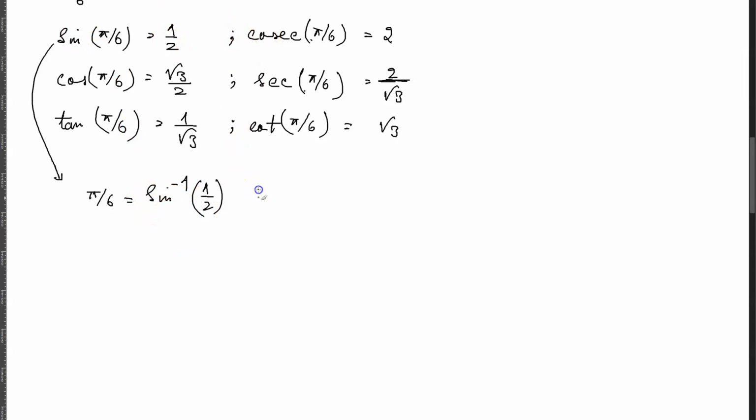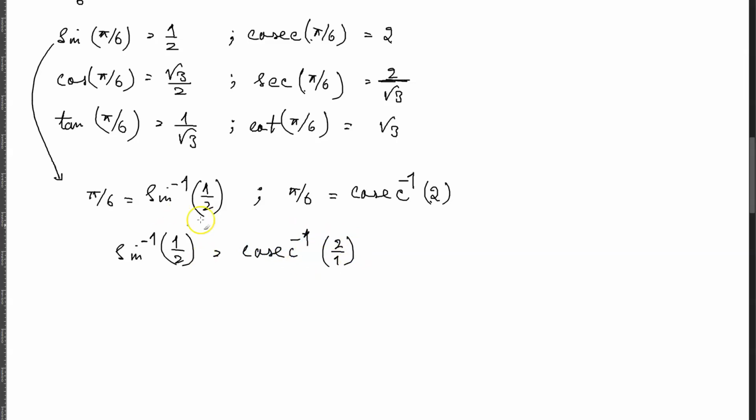And I can also say that the same angle pi by 6 is also the cosecant inverse of 2, right? So you can see that the sine inverse of 1/2 is equal to the cosecant inverse of 2 by 1. The sine inverse of 1/2 is the same thing as the cosecant inverse of 2 by 1. 1 by 2, 2 by 1.